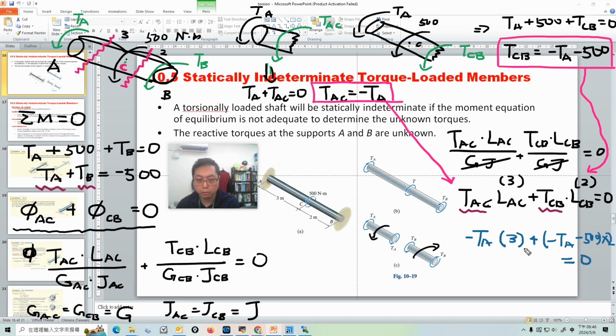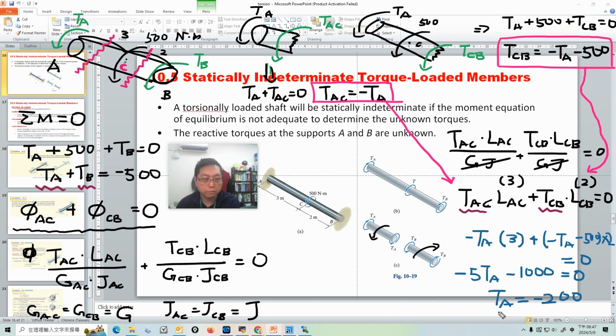So you will have minus 3 minus 2, you have minus 5 T_A minus 1000 equal to 0. So T_A is equal to minus 200.